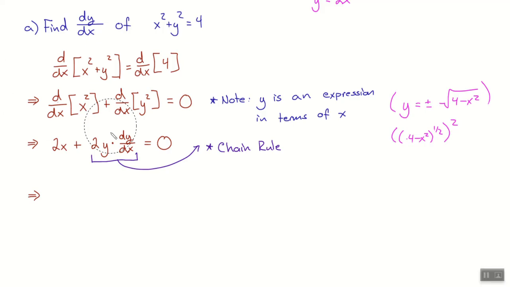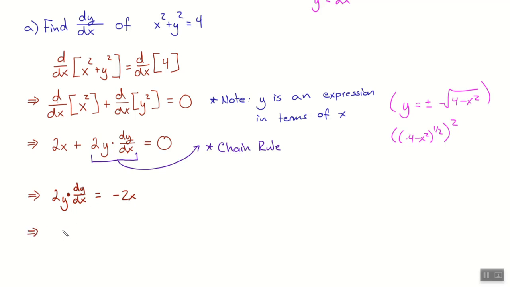Here we go. As we go through, any objections to me just subtracting 2x? So if I take little steps, 2y dy dx equals negative 2x. Everybody okay with that first step? Now, if I'm solving for dy dx, what do you want me to divide by now?